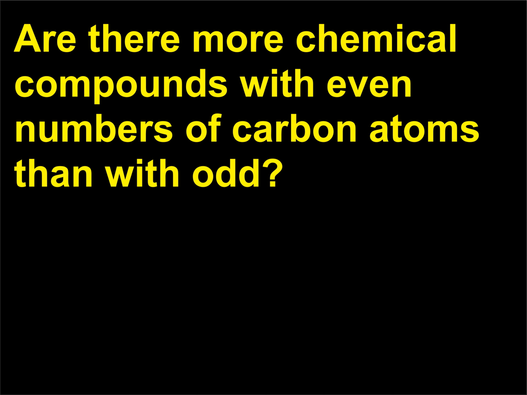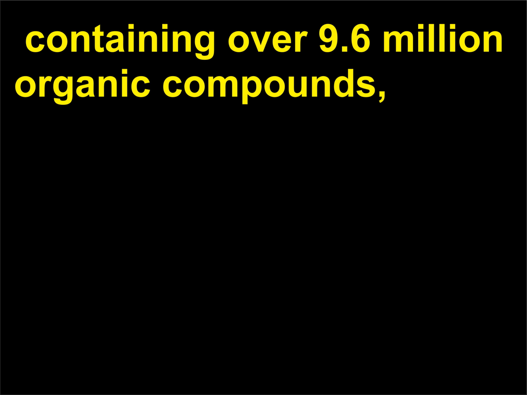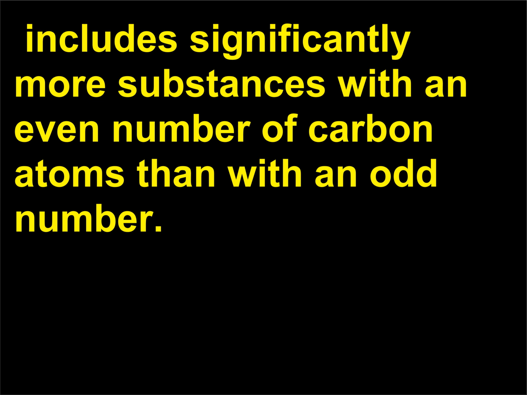Are there more chemical compounds with even numbers of carbon atoms than with odd? A team of chemists recently noted that the database of the Beilstein Information System, containing over 9.6 million organic compounds, includes significantly more substances with an even number of carbon atoms than with an odd number.